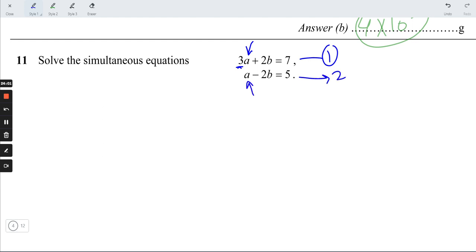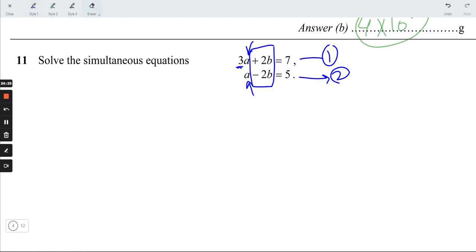In equation 2, we have a and in front of a is positive 1. So they are different in coefficient, so I cannot subtract them directly. I would have to change the coefficient of a in the second equation to be 3 or minus 3. But if you check b, in the first equation there is a plus 2b, in the second equation there is minus 2b.